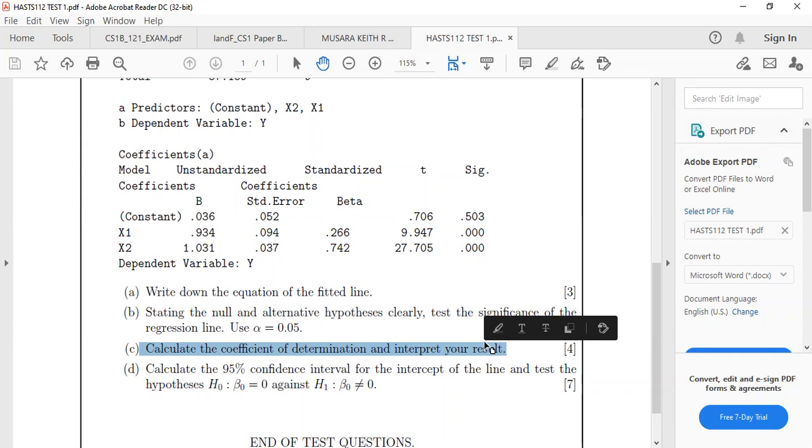What's the formula for coefficient of determination? It's SSR over SST, or 1 minus SSE over SST. It's SSR over SST, right? Multiplied by 100.